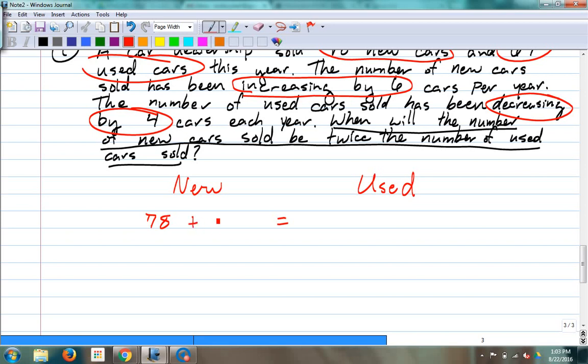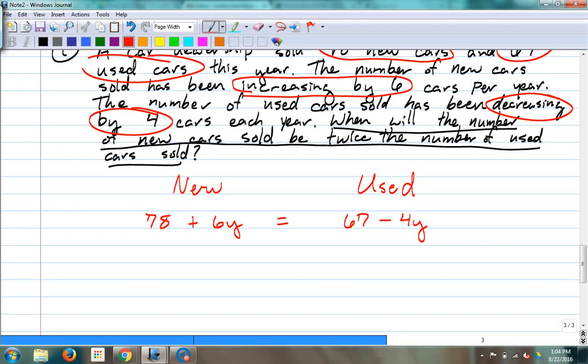Right? And then we look at the used cars and we say, okay, what's happening to the used cars? Well, they sold 67 to start with, but then what's happening? They're decreasing by how much? 4 every year. So that would be, in our equation, 4y, and we're doing what with it? Subtracting, because we're decreasing, right?